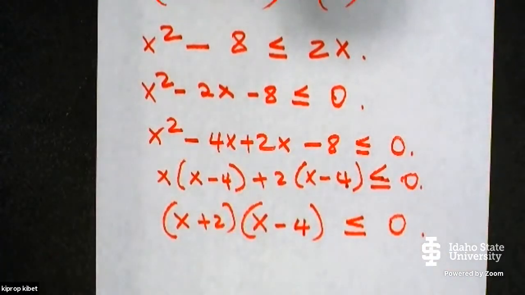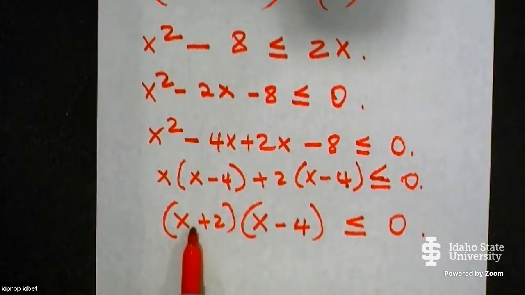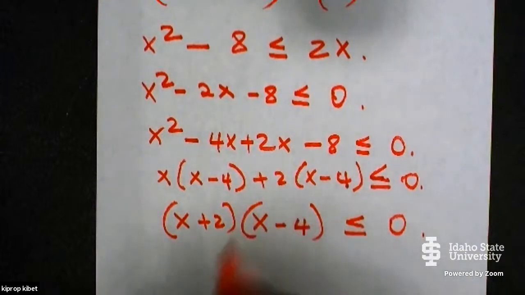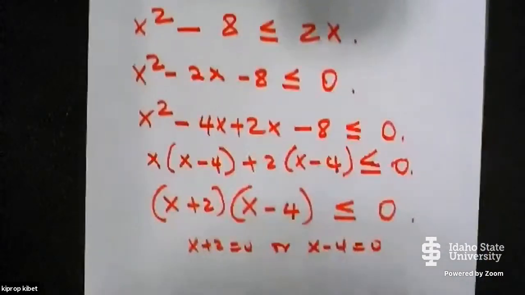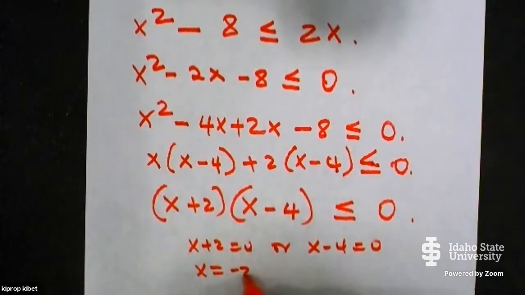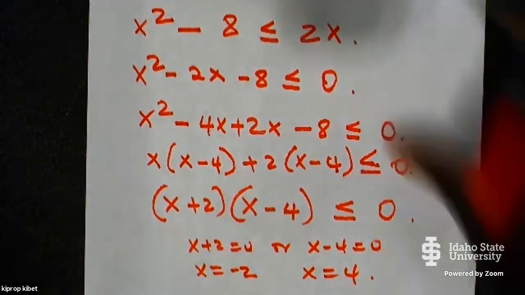These are now the ones which give us the levels. So you equate them to 0: x plus 2 equals 0, or x minus 4 equals 0. So x equals minus 2 and x equals 4.